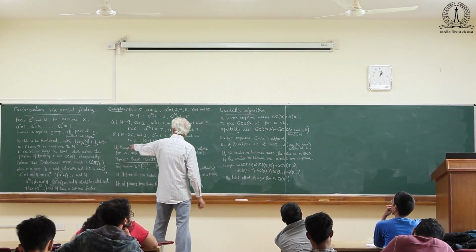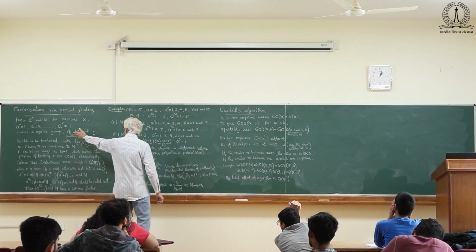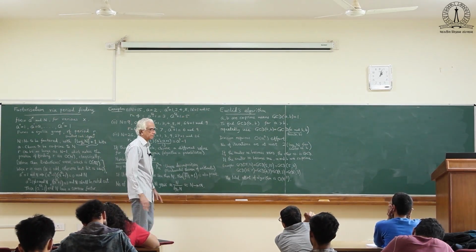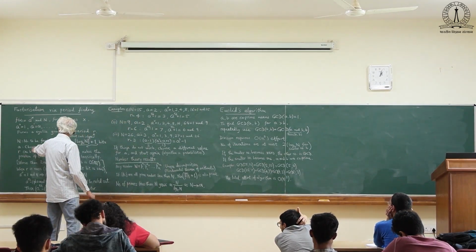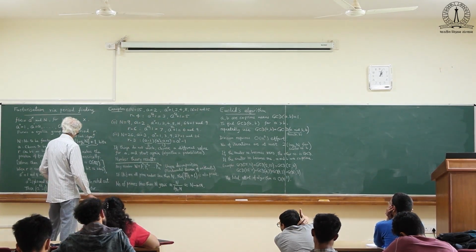So it is nowhere near this capital N, it is much smaller. So that is the first step, that these have to be co-prime.